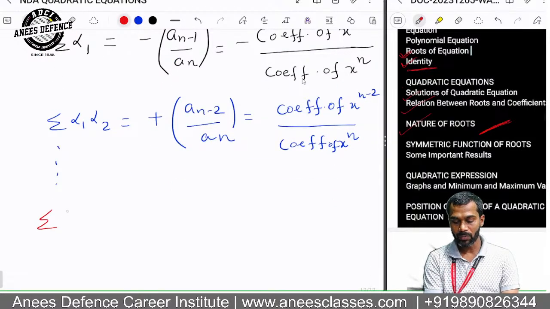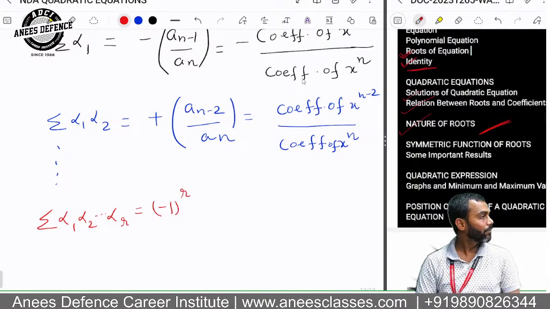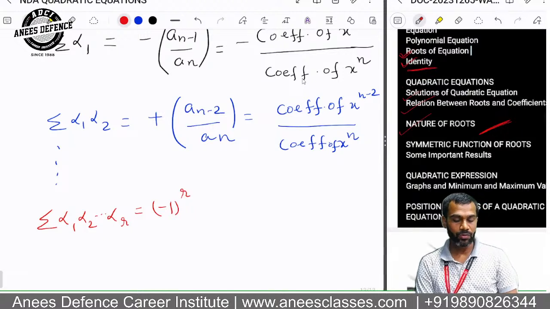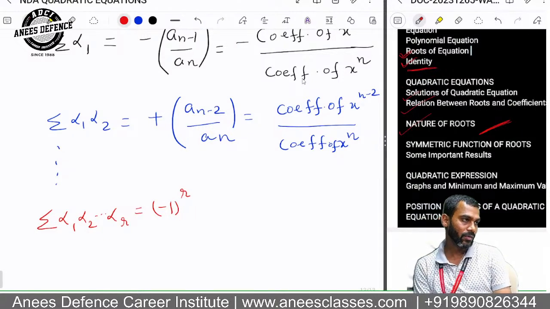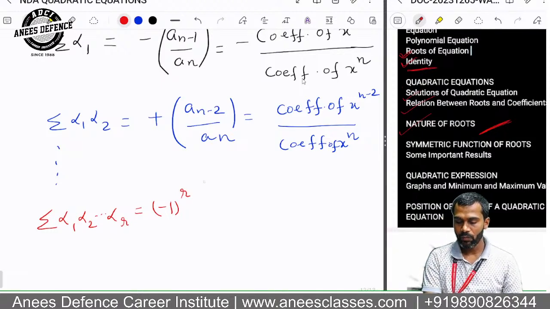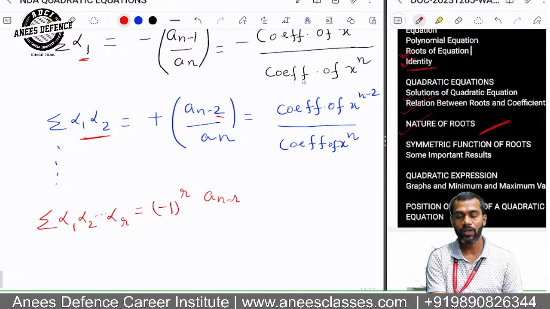Can you tell me summation alpha 1 alpha 2 and so on up to alpha r? Can I write minus 1 raised to r here to generalize it? Yes or no? Why r? If r is odd, then it will be negative, otherwise positive. Now what do I have to write here? A n minus r. Yes or no? Two terms n minus 2, one term n minus 1.